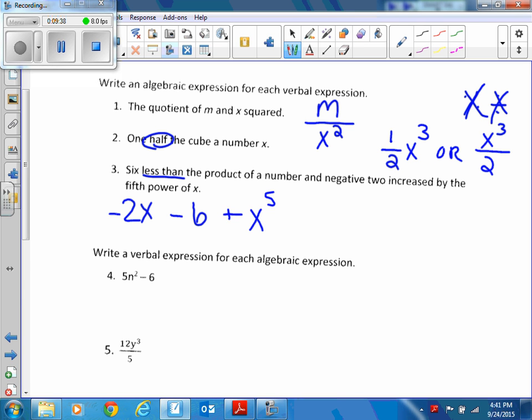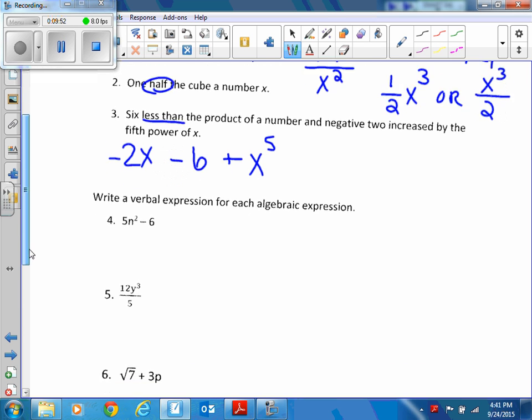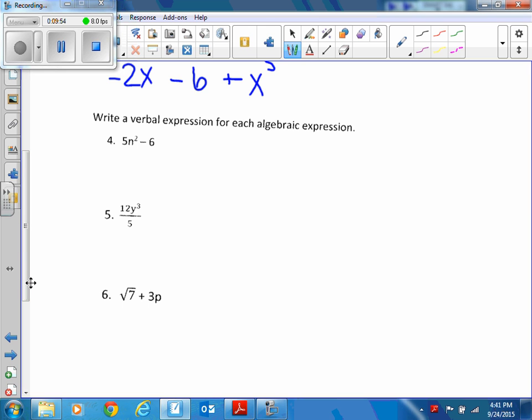When you're going from verbal to algebraic, like we just did, we should all have the same exact algebraic expression. But when you go the other way, they can vary a little bit. So let's look. Write a verbal expression for each algebraic expression.